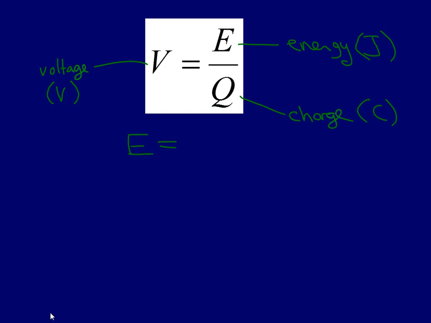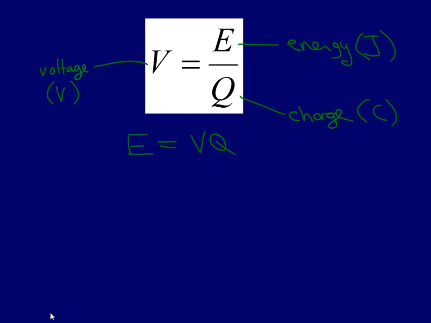So what's my equation going to be? E is going to be equal to what combination of V and Q? VQ. V times Q. Excellent. Okay, what's my last possible combination?